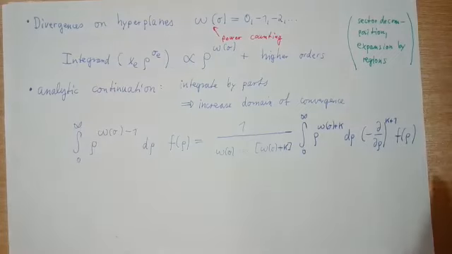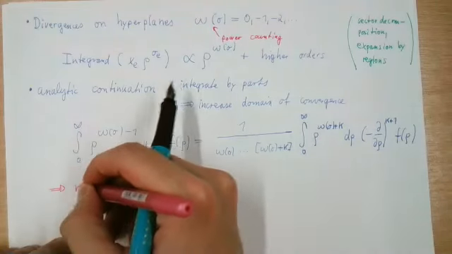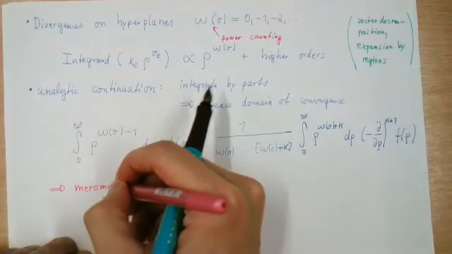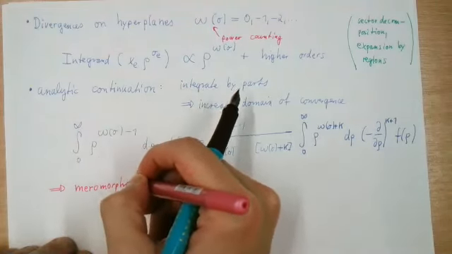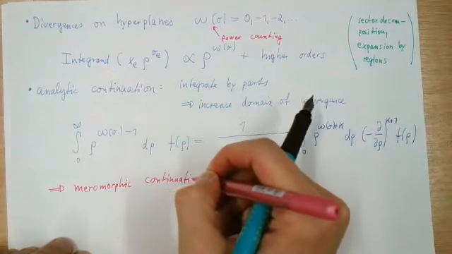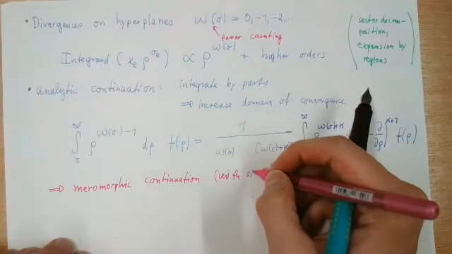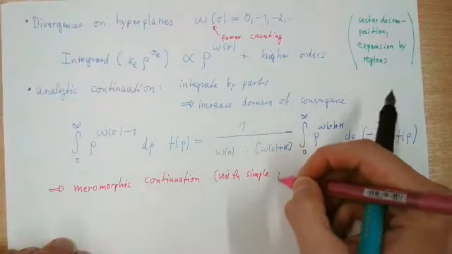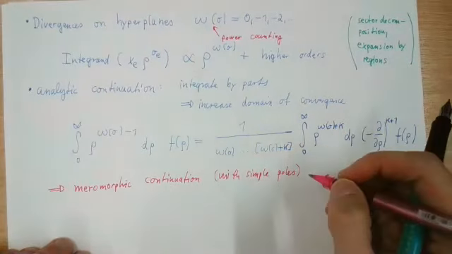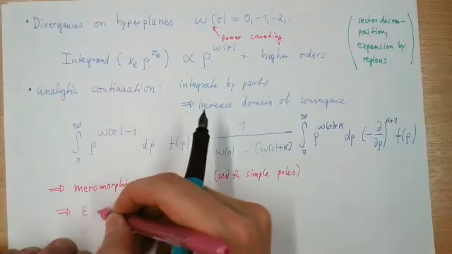And so this proves eventually that you have this meromorphic continuation with simple poles. And this means you get an epsilon expansion.